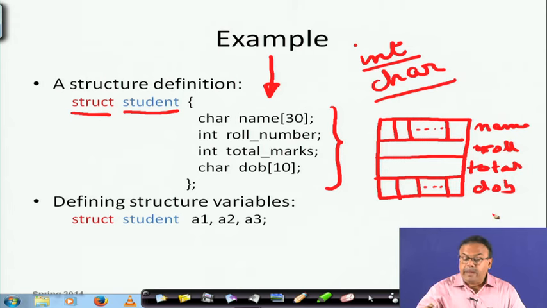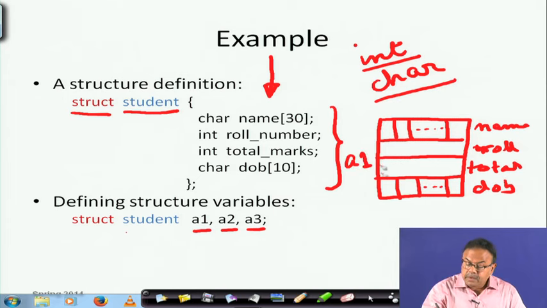Now, we have named variables A1, A2, A3, which are variables of type student structure. And what is that student structure? This is the structure. So, A1 will just be a copy of this structure, and the variable A1 may have some name like Amit here, all right.